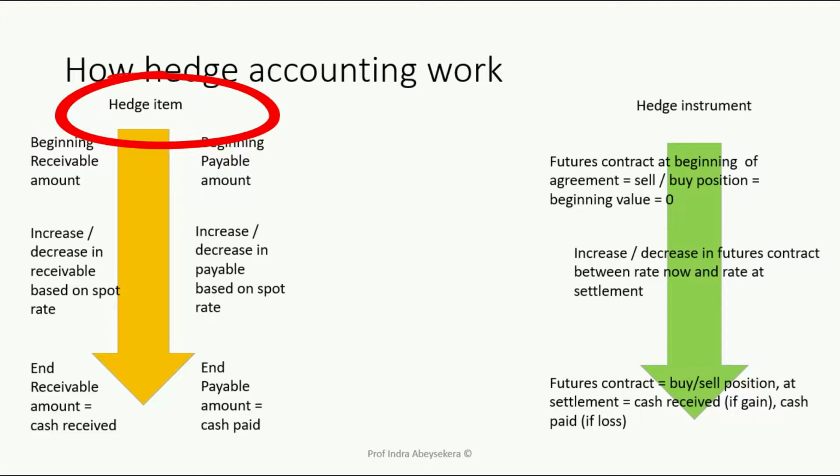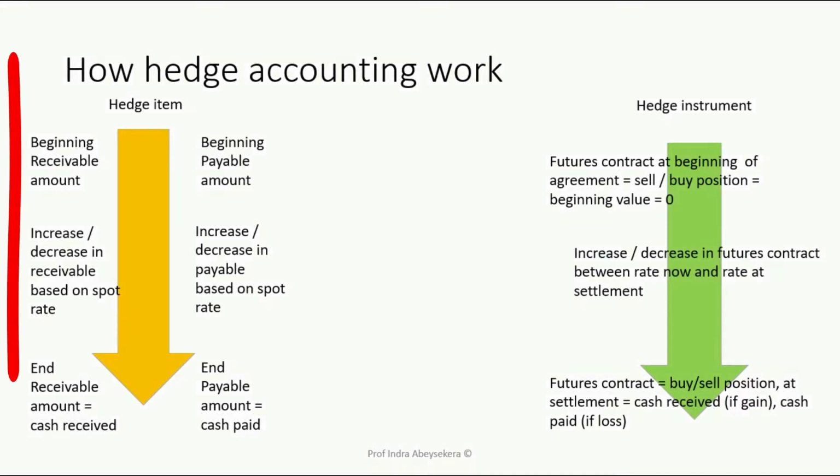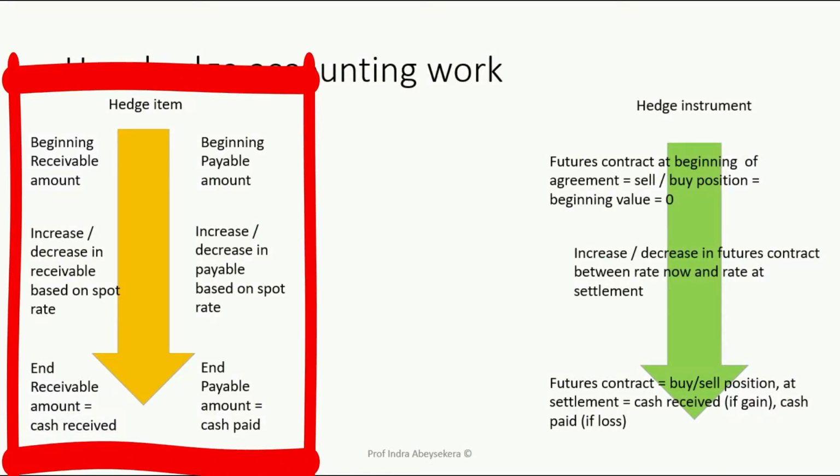The hedge item can vary in value from the time that it's been conceived or recorded to the time it's been settled. The hedge item could be a receivable or a payable.